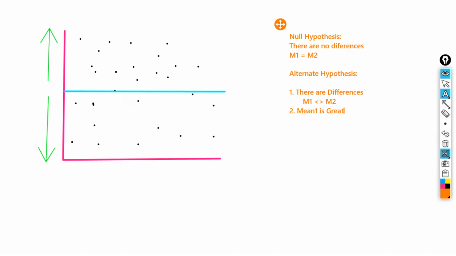Mean 1 is greater than mean 2. This is another way of rejecting the null hypothesis. Then the final way is mean 1 is lesser than mean 2.